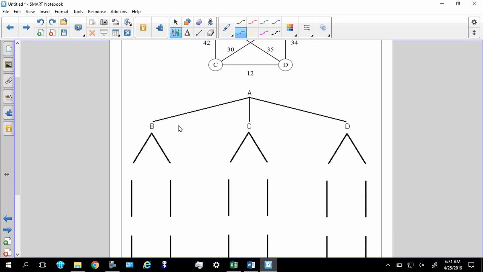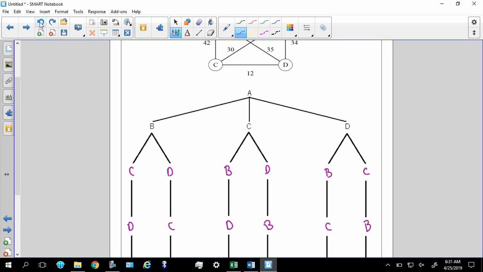On this very first branch that I'm about to circle, we're going from A to B. So our first split after B will be a CD situation, which would be a DC situation. A to C will be B, D, D, B. That's a B to C, and that's a C to B situation.